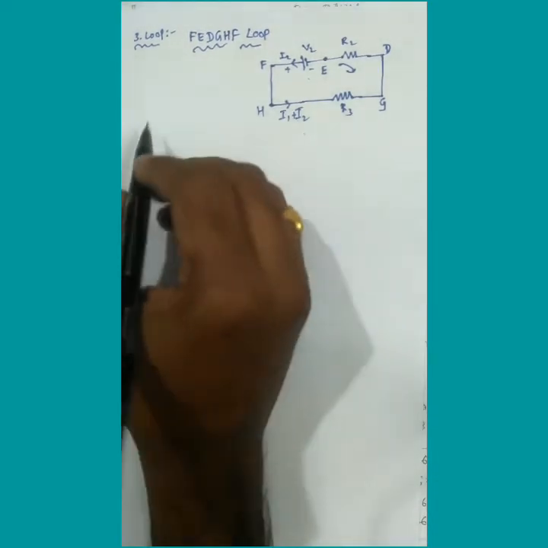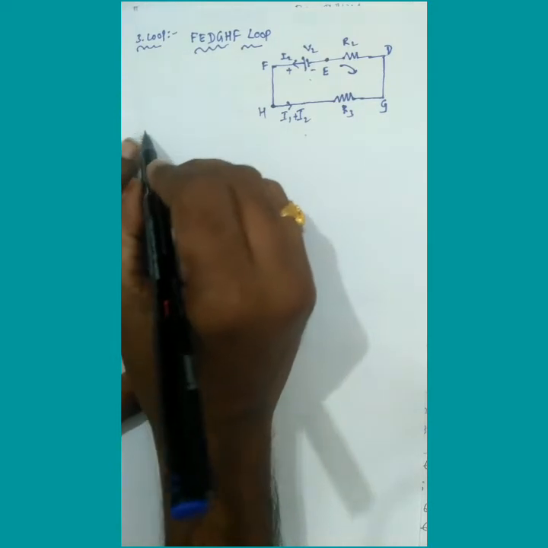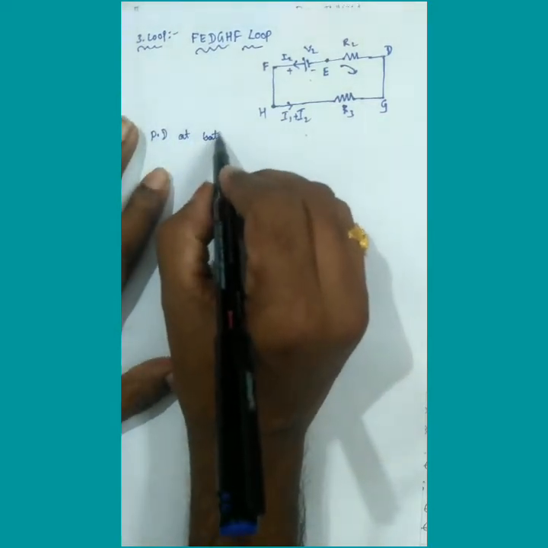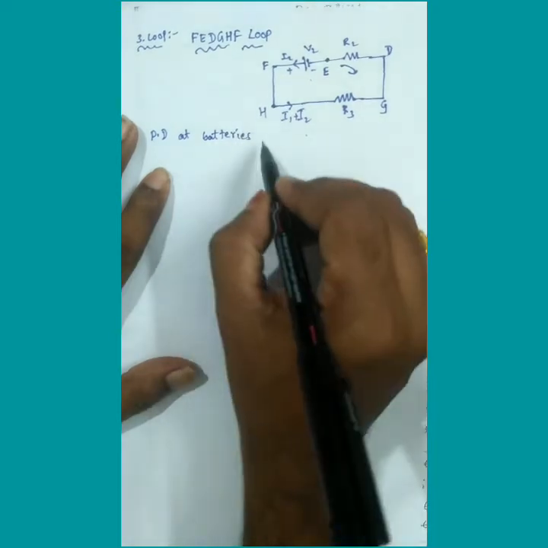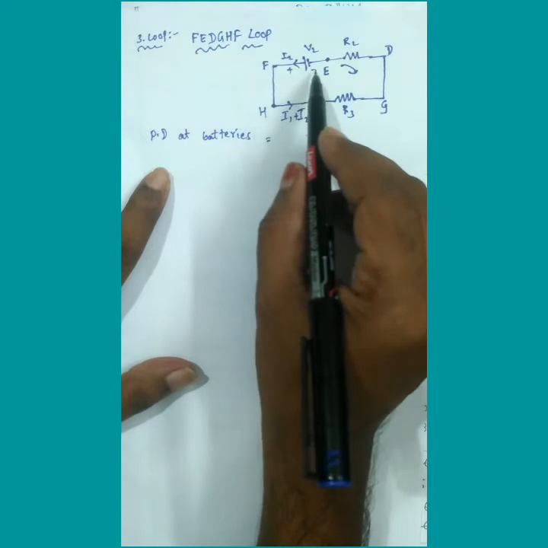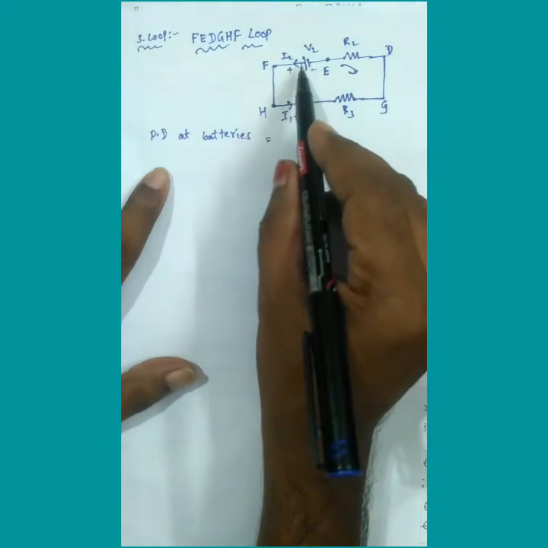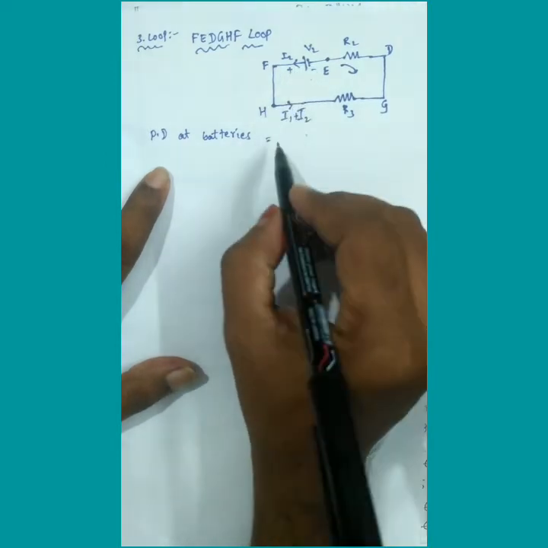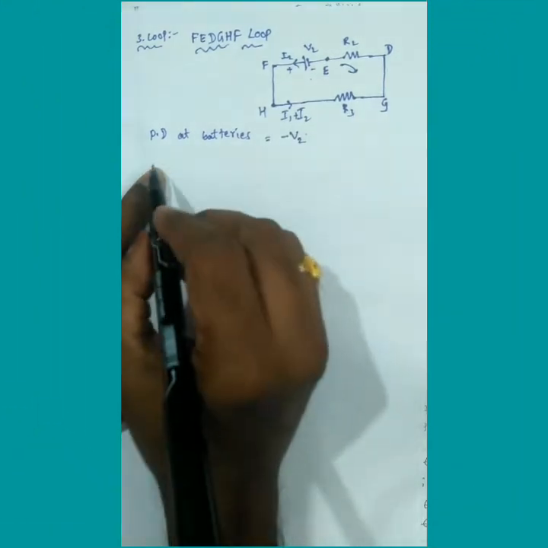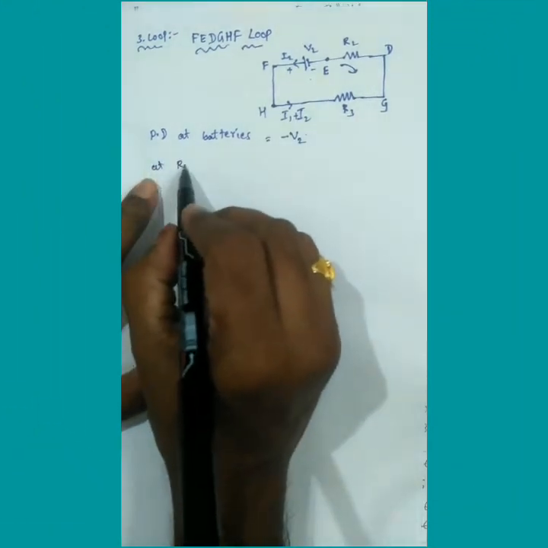According to the direction of action, suppose we want to calculate the potential difference at batteries. How many batteries are there? Only one battery. Does the current flow from the negative to the positive or not? Yes, that's why we have to take minus V2. And at resistances, how many are there?